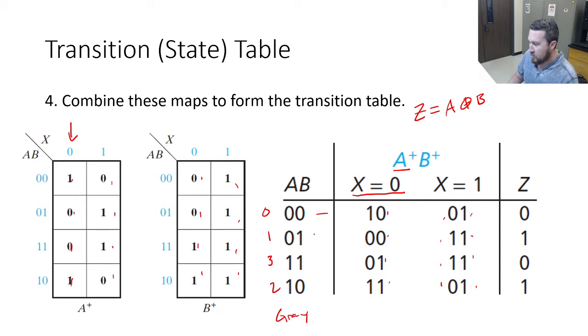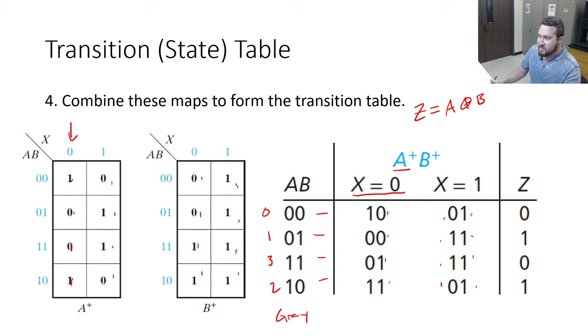So 0, 1, 0, 1. So we just put together our table from what we see in the K-maps. Any questions about that? It's pretty straightforward. The K-map is just the columns, so all I have to do is look at it and copy stuff over.